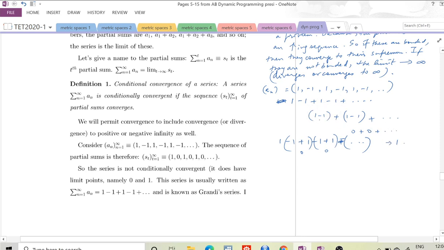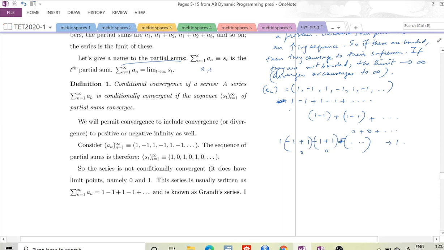So a sensible way is to see, well, what happens to the partial sums. So let's give a name to the partial sums. If I add up the a_n's from 1 to t, I call that a partial sum, S_t, right?